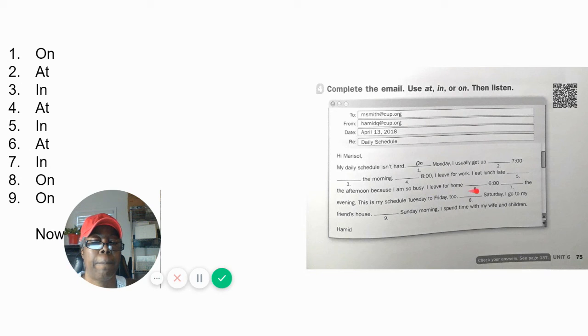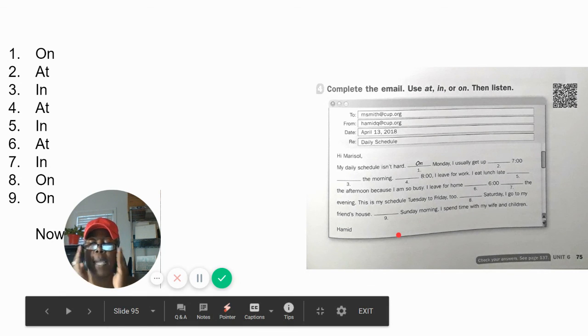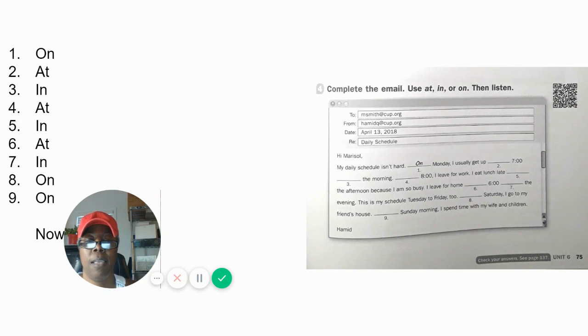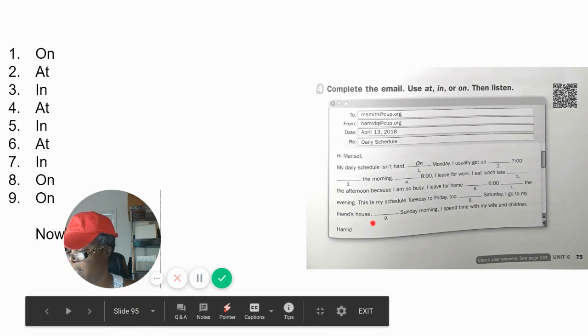I leave for home at 6 in the evening. This is my schedule Tuesday to Friday, too. On Saturday, I go to my friend's house. On Sunday morning, I spend time with my wife and children. Hamid.